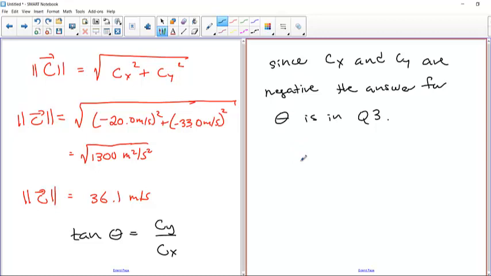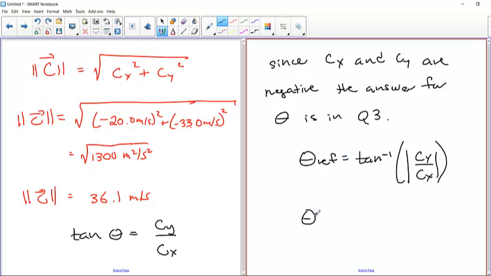So what we'll do is we'll find the reference angle. So remember, the reference angle is equal to the inverse tangent of the absolute value of C sub y over C sub x. And that's going to put us at a number in the first quadrant.